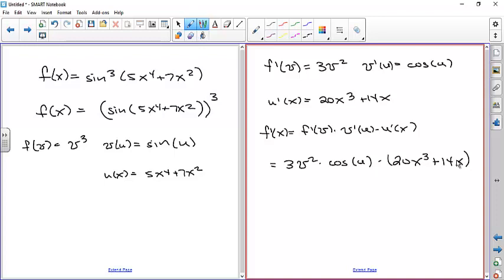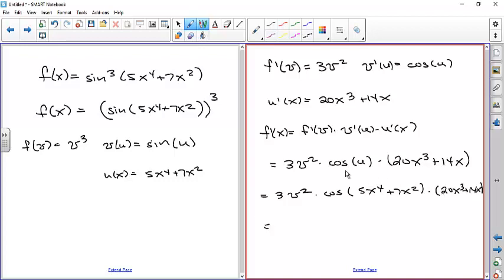And then we go back and we first plug in u. So we get 3v squared times the cosine of u, where u is 5x to the fourth plus 7x squared. And I already have this part, so I'll leave that on there.